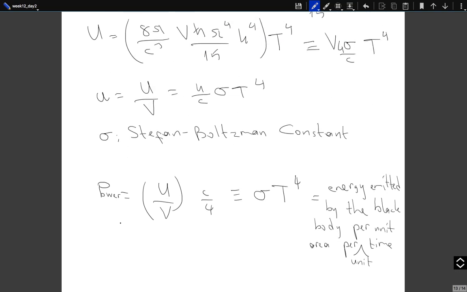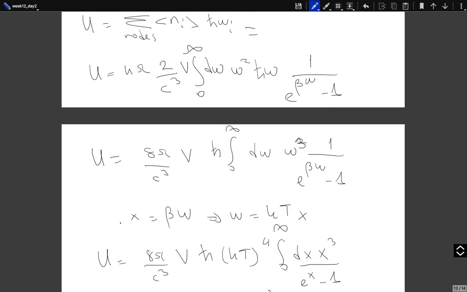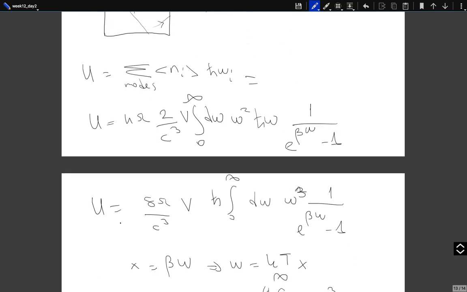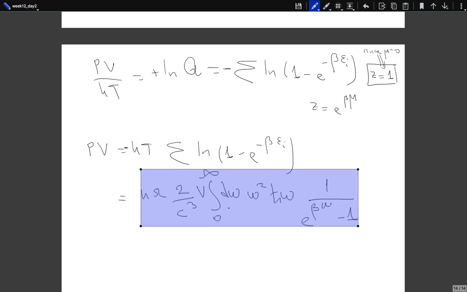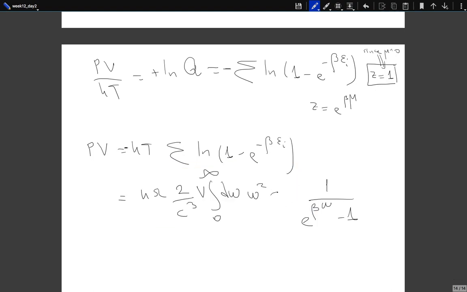Well, I can just repeat what I had done here. That's basically this expression. Of course, I don't have this h bar omega, that was the energy, and I don't have this term.